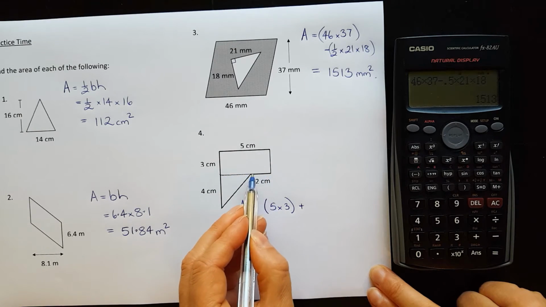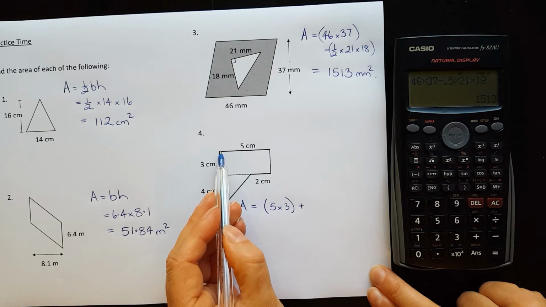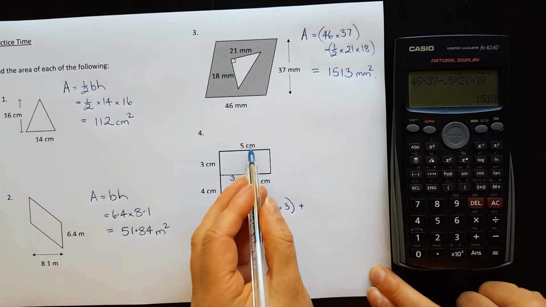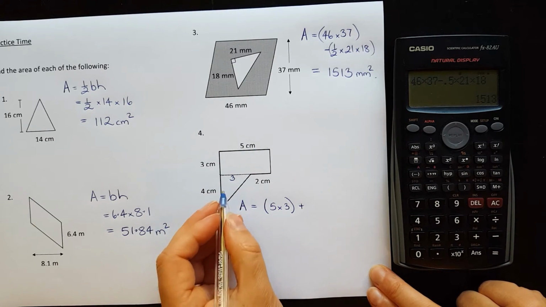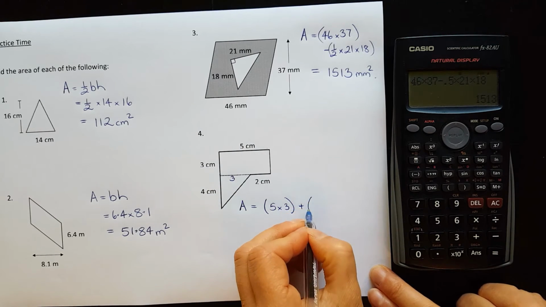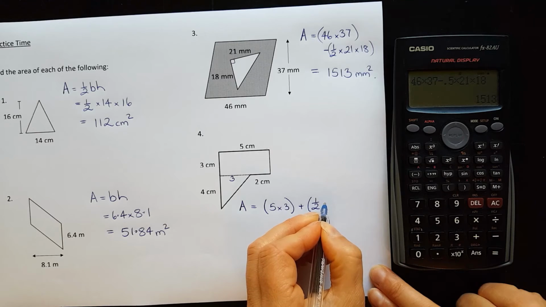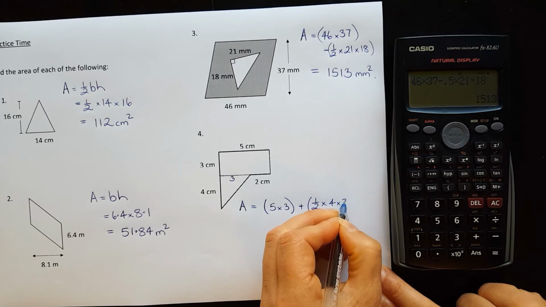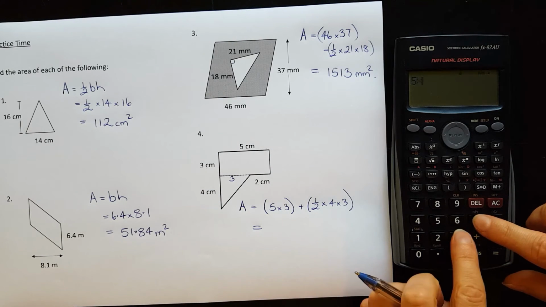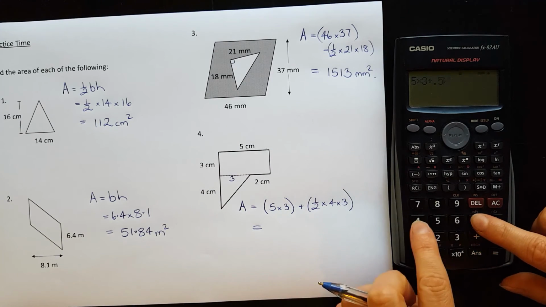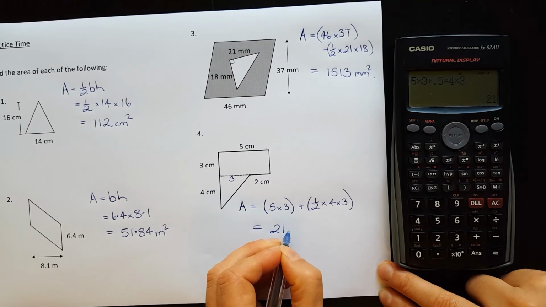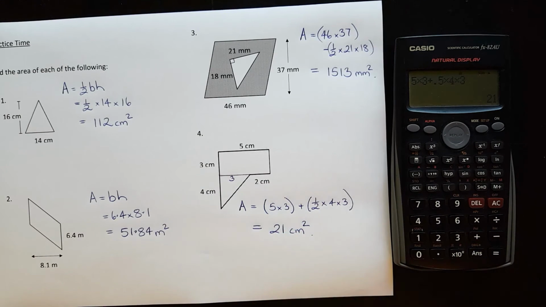Now, if we know this is a 2, and this is 5 the whole way across here, then this would need to be a 3, because 2 plus 3 makes a total of 5. So I need to use the 3 and the 4 as my base and my height of my triangle. So half base times height will be half times 4 times 3. Type it all in, 5 times 3 plus 0.5 times 4 times 3 equals 21 centimeters squared.